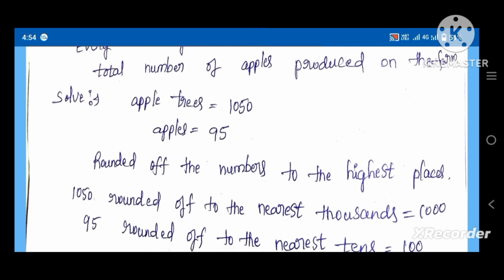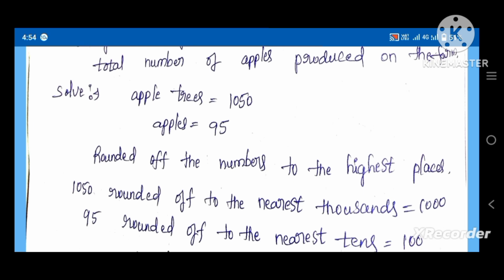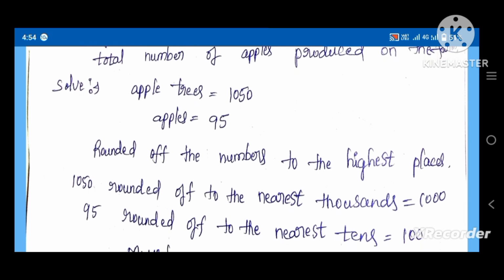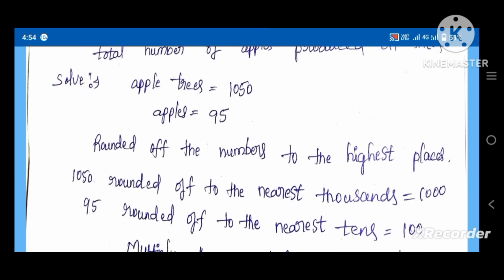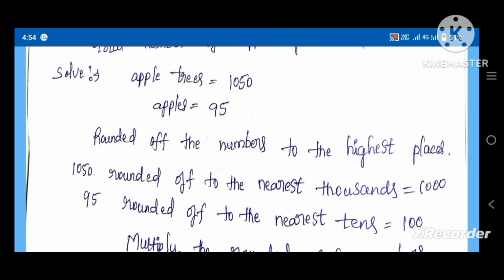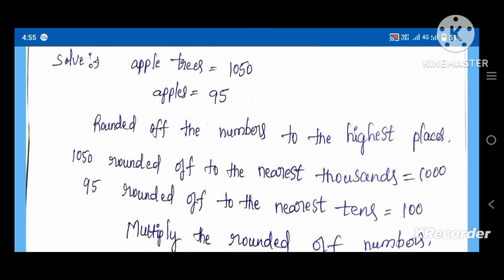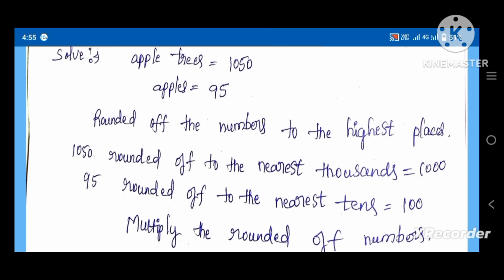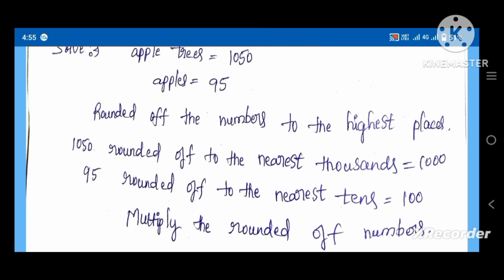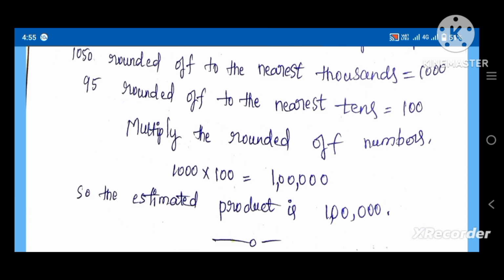Round off the numbers to the highest places. 1050 rounded off to the nearest thousands is equal to 1000. 95 rounded off to the nearest tens is equal to 100. Multiply the rounded off numbers. 1000 into 100 is equal to 1 lakh. So the estimated product is 1 lakh.